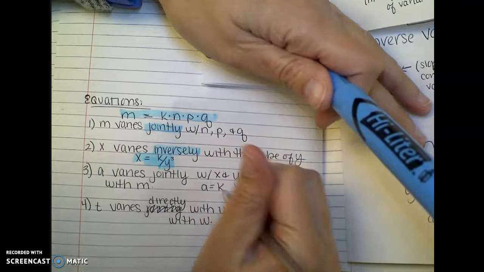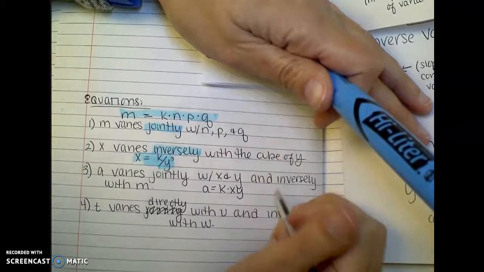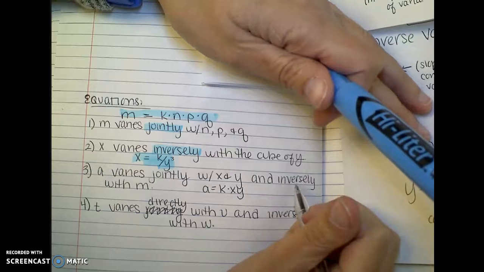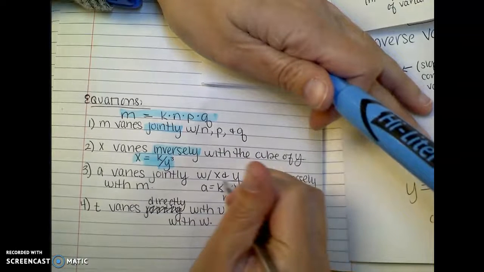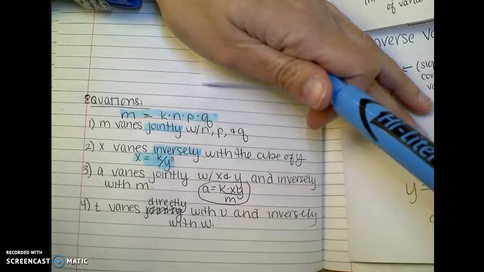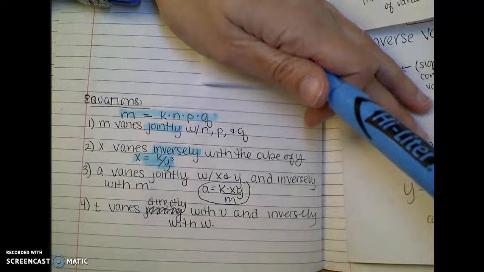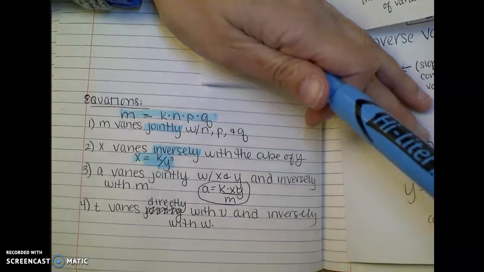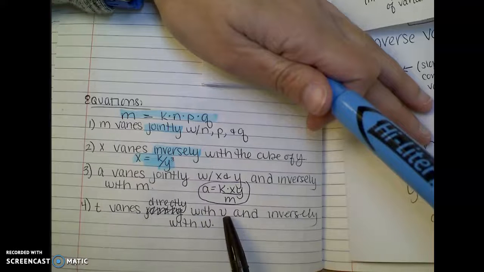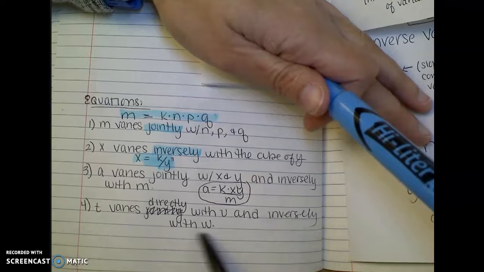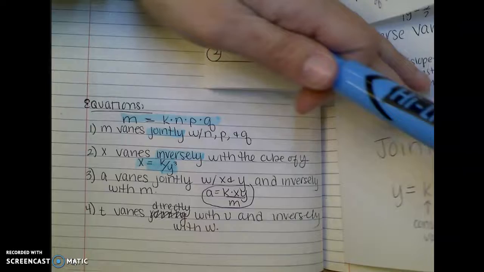I'm like, okay, jointly, x, y. But then inversely with m, so now I need to divide m. So it's just like I divide whatever is inversely, multiply whatever is direct or joint. And so that last one is maybe one that you could try. T varies directly with u and inversely with w. We can talk more about those tomorrow too.